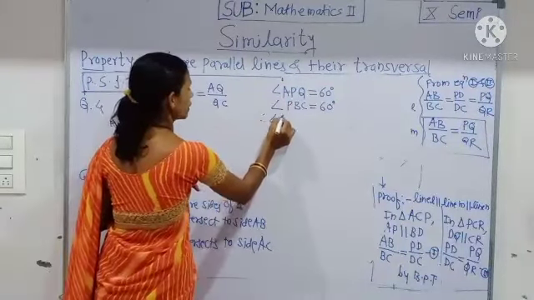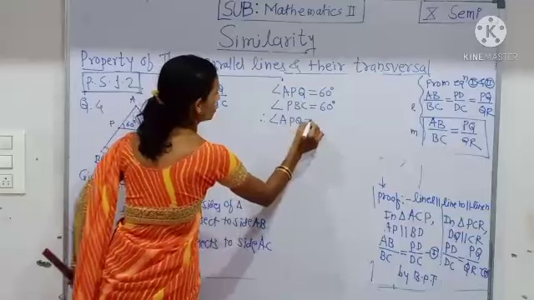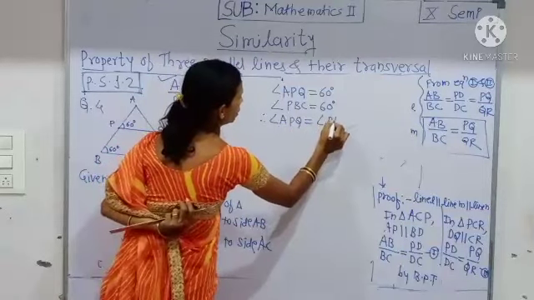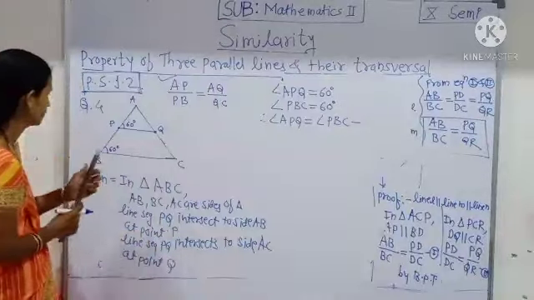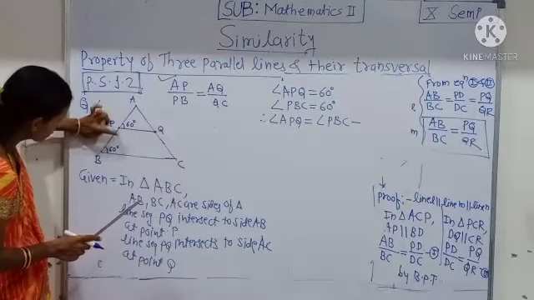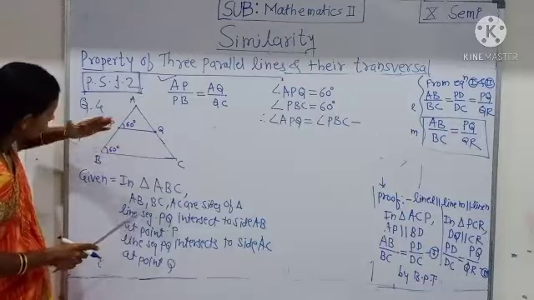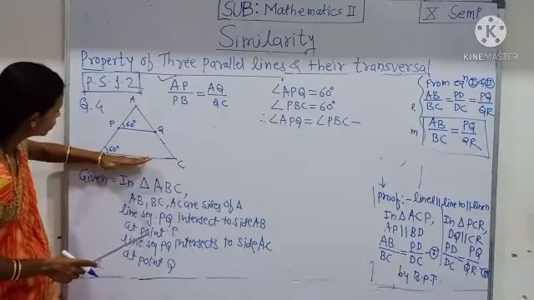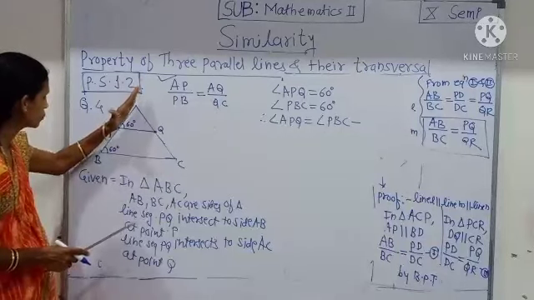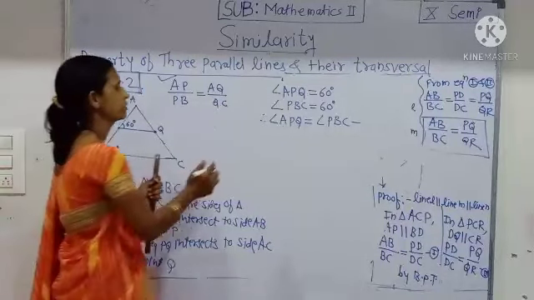Therefore here angle APQ is equal to angle PBC. That means these angles are congruent. Therefore here PQ is parallel to BC and transversal AB is considered.